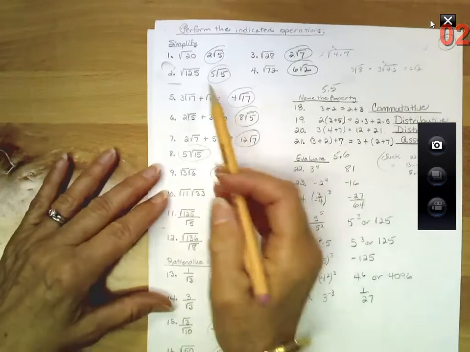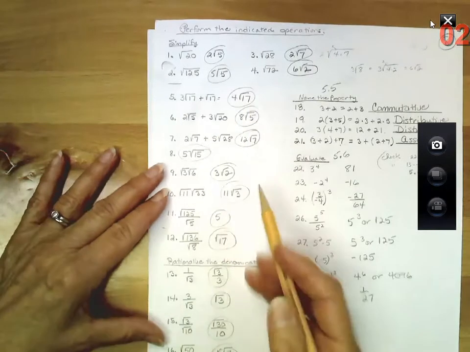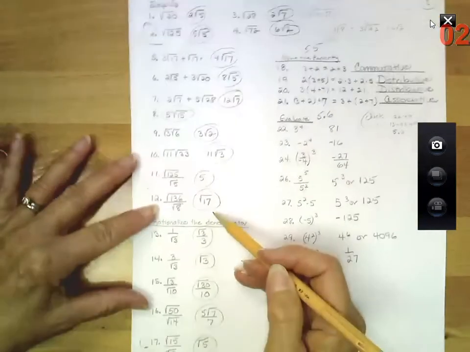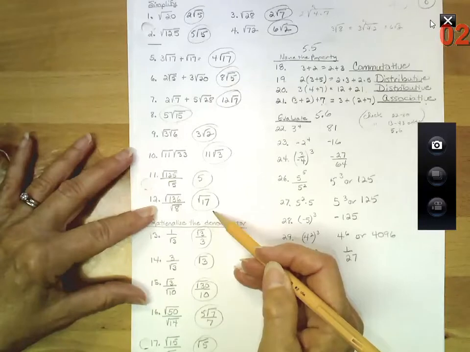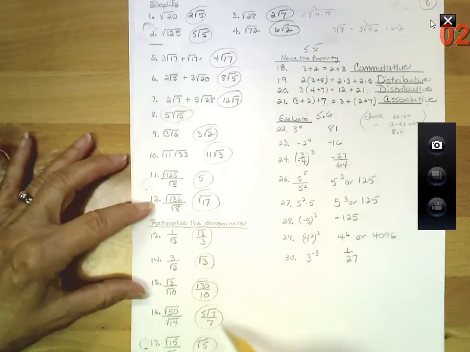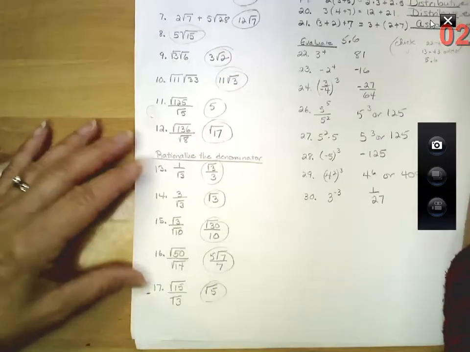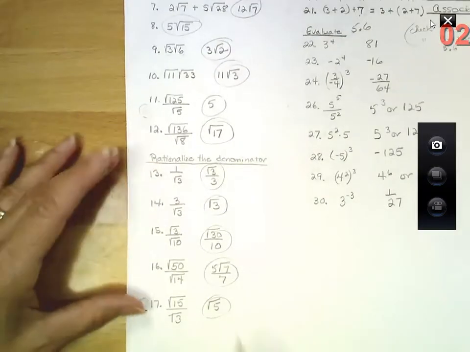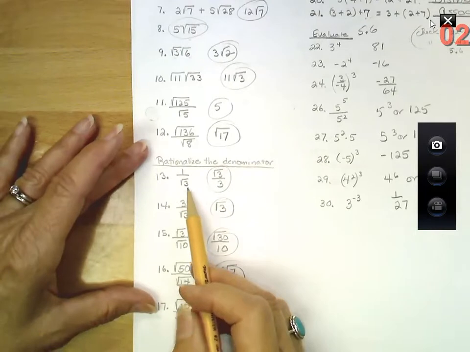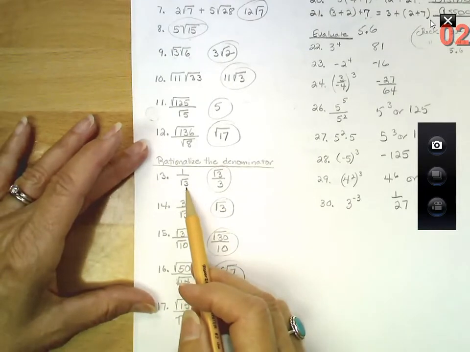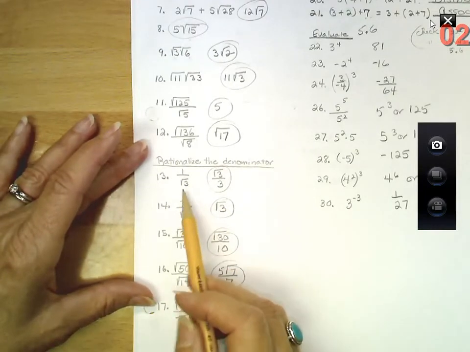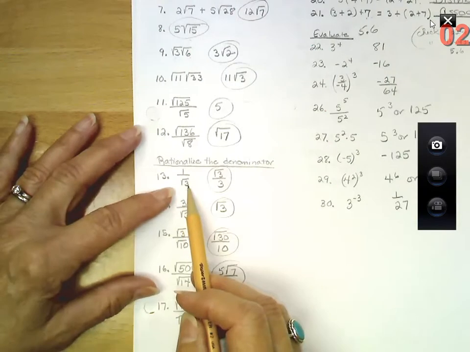I think we'd already checked those, down through there. And then we were rationalizing the denominator. So let's look at the answers on the rationalizing the denominator part. We had 1 over the square root of 3. And they never want the radical in the denominator.